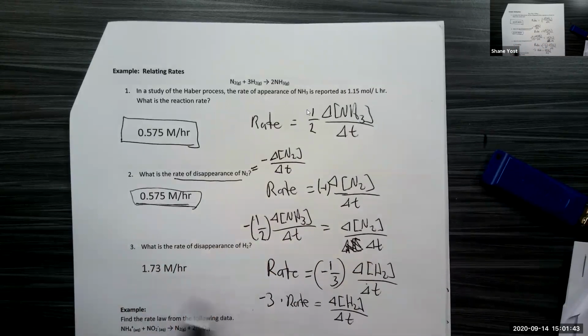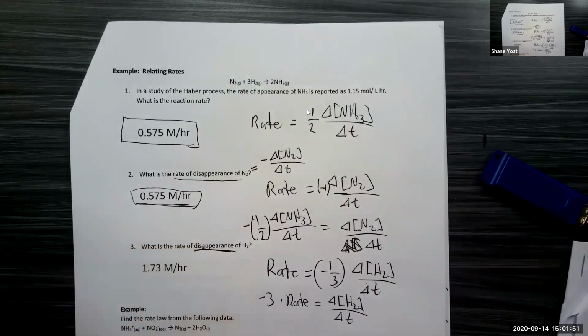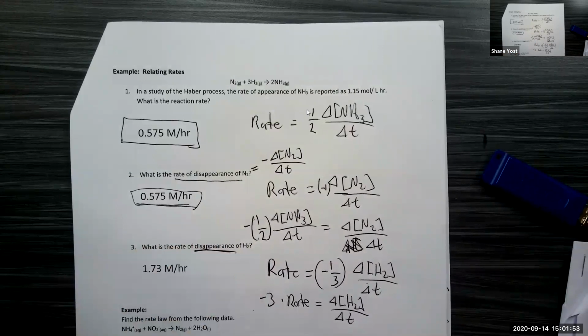So 3 times that rate gives us 1.73 molars per hour. Again, because I'm asking for the rate of disappearance, that is the absolute value, the negative of the rate of change. Rate of disappearance is defined as a positive quantity. If you ever see rate of disappearance, that's referring to the magnitude of that change, while the rate of change is a negative number.